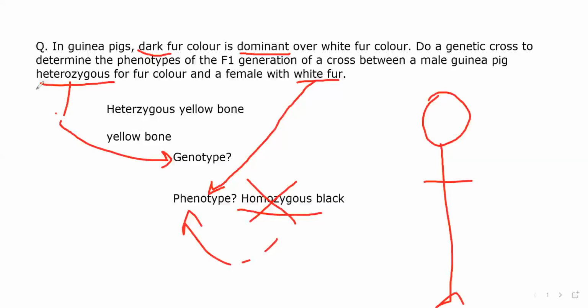Dark is spelled starting with letter D. So wherever I want to represent the dominant allele, I'm going to use capital letter D. And wherever I want to represent the recessive allele, I'm going to use the same letter, but this time in lowercase d. So hetero here would be capital D and lowercase d. That will be for the male.